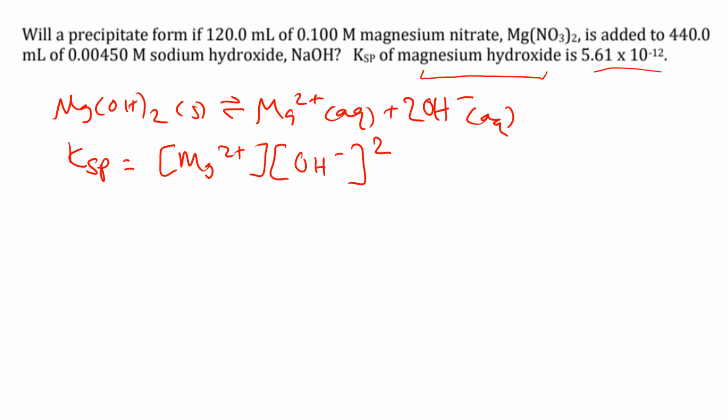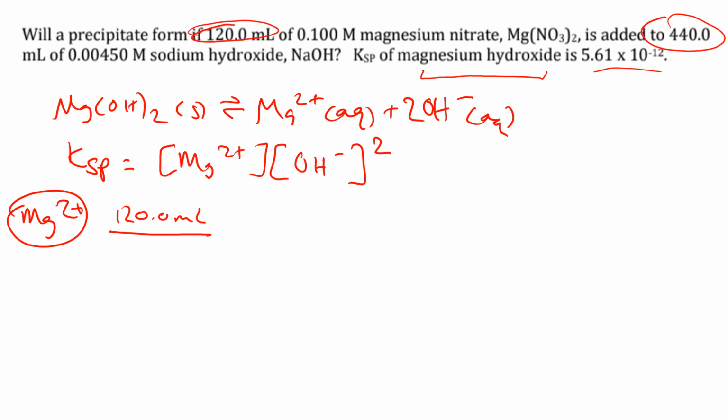To do that, first we need to use something called a dilution factor. For magnesium concentration, you're going to take the volume of the magnesium nitrate, the 120 mLs, and put that over the total volume of the new solution, so 560.0 mLs. Multiply it by the concentration of the magnesium. That will be 0.0214 molar Mg2+.